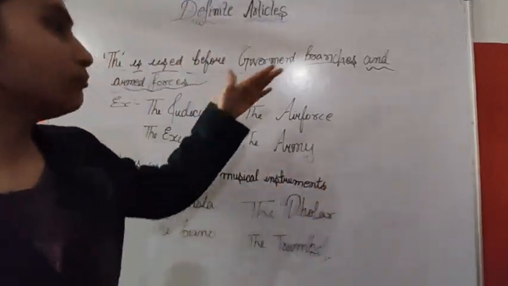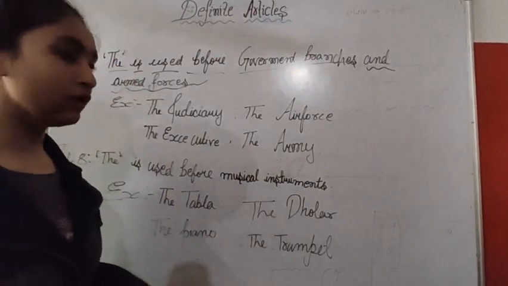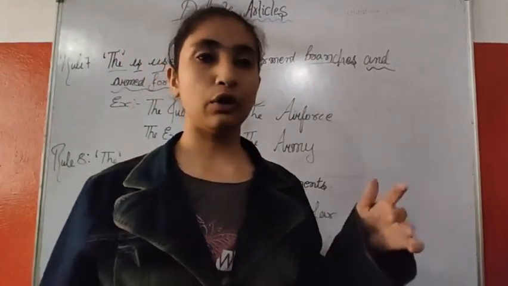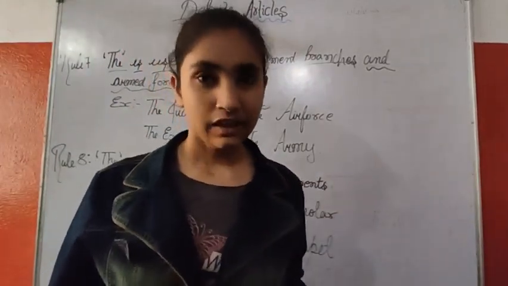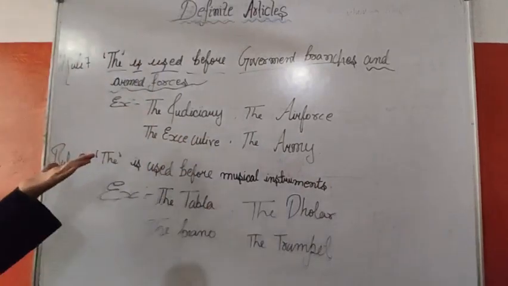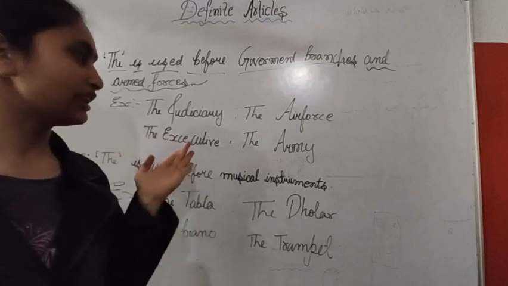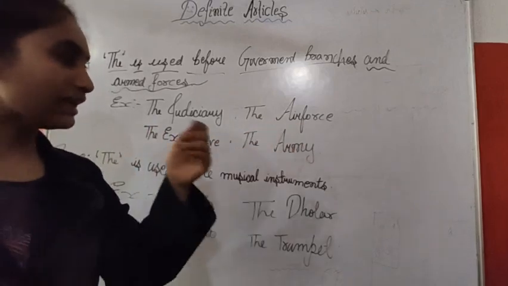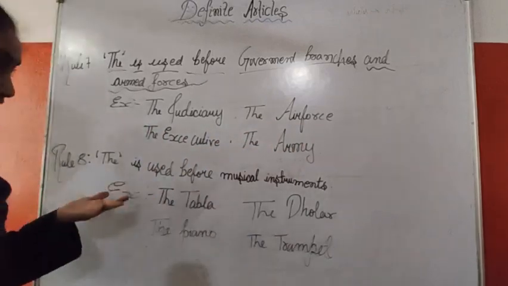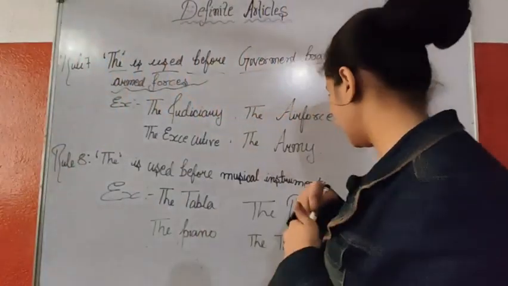Okay. And armed forces, the people who are the army, who protect our nation. For example, you can take the judiciary, the executive, the air force, the army. Okay. The navy, you can also say the navy.